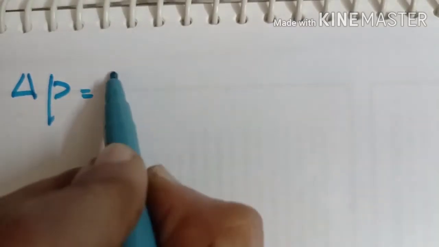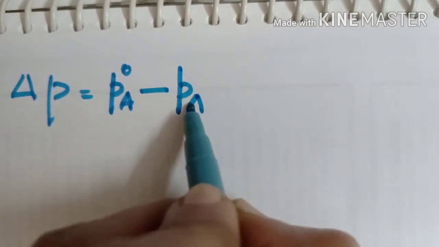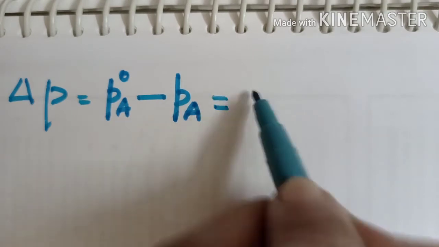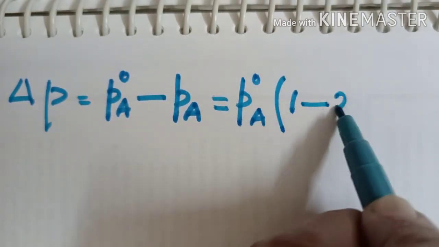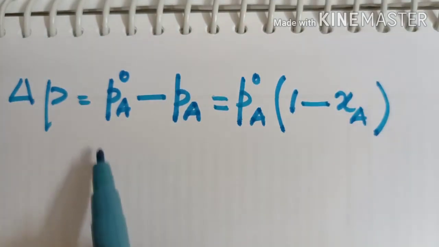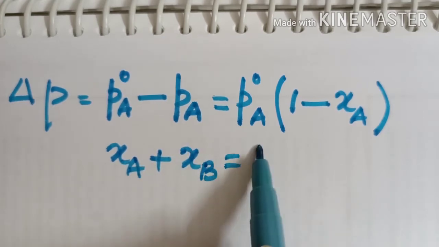That is, the change in vapor pressure delta P is equal to P0A minus PA, which is equal to P0A into 1 minus XA. We know that for binary solutions, XA plus XB is equal to 1.